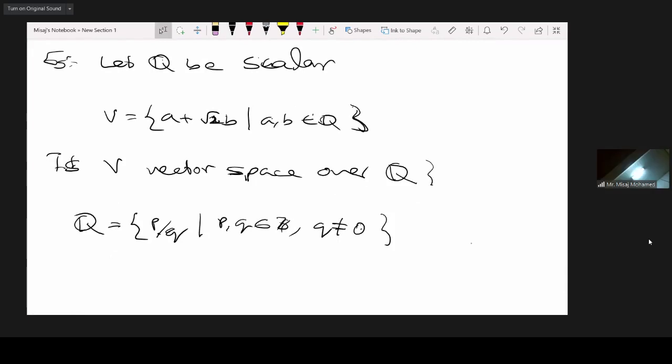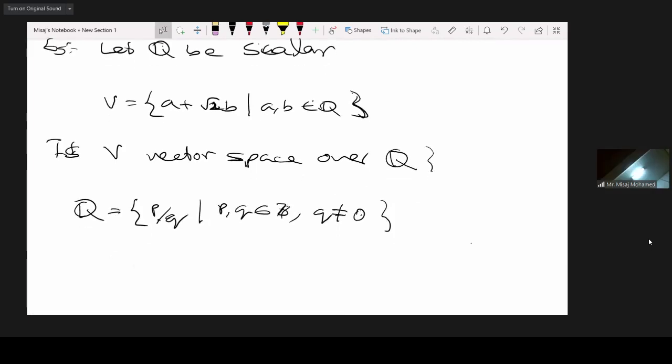Right. Now tell me, what happens if q is equal to 0? That is not in the set. A rational number is of the form p over q. Is 0 a rational number? How can we say?